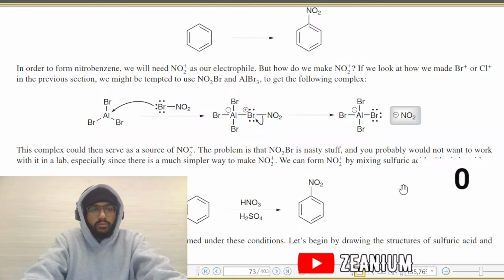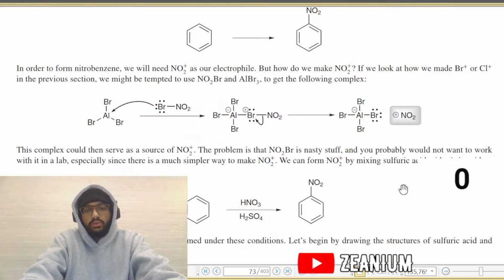If you look at how we made Br+ or Cl+ in the previous section, we might be tempted to use NO2Br, nitrobromide, and aluminum tribromide to get the following complex.